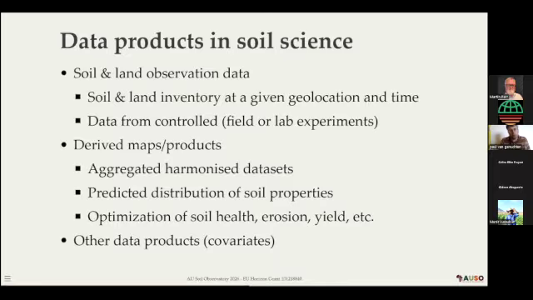Let's look at how high a certain landscape is. That often has a direct connection to the soil type, soil depth, soil properties at a certain location. So if you use those covariate data, you can better predict the soil condition at a given location.